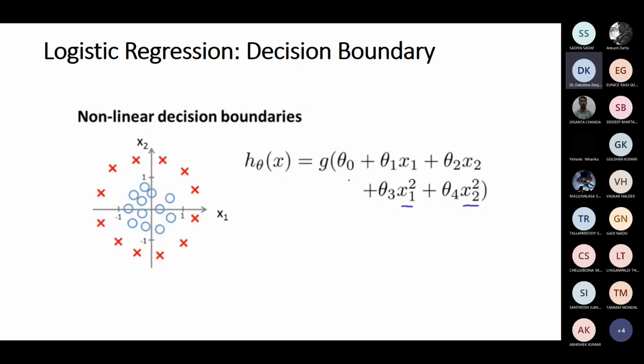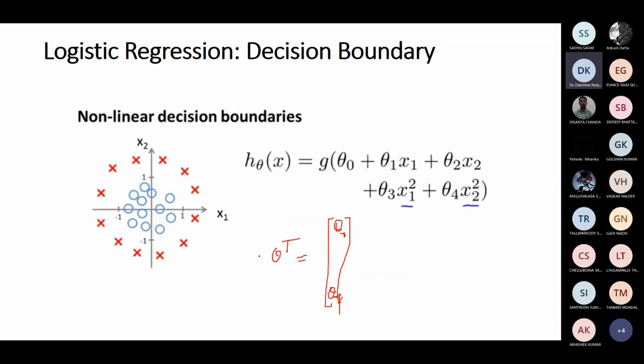This is the hypothesis equation with higher order polynomials. So theta 1 to theta 4 means we can write theta transpose, and theta will give us a column vector. That means theta will be a vector from theta 0 to theta 4.